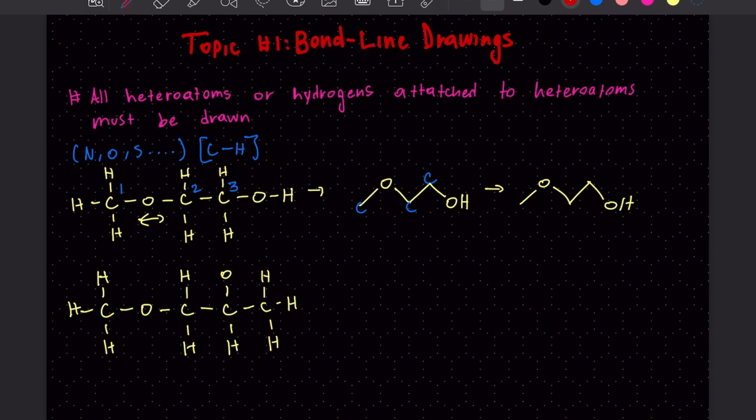Okay, again, we can start by counting our carbons. So we know this is 1, 2, 3, and 4. And we can see again that between carbon 1 and carbon 2, we will have an oxygen, similar to this example. So let's begin drawing our bond line.